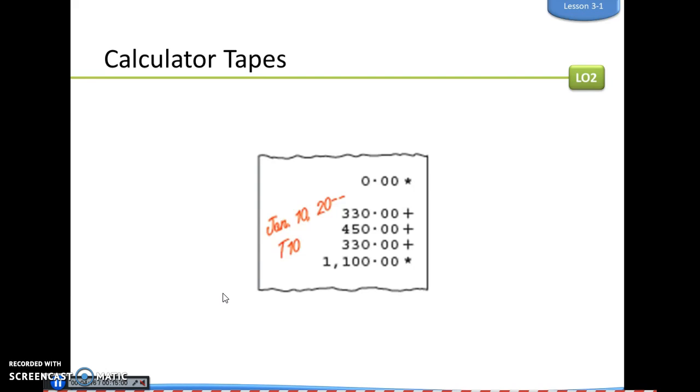Also a calculator tape. It's very basic, but it's still a form of a source for a sale.